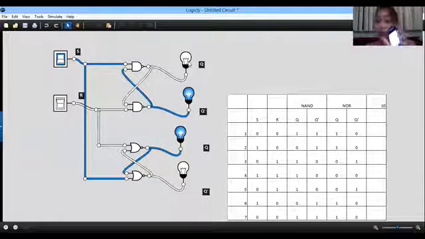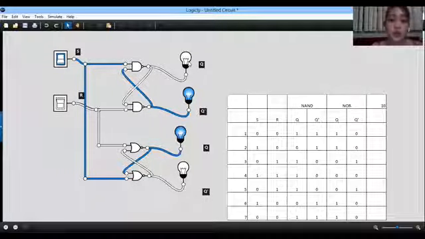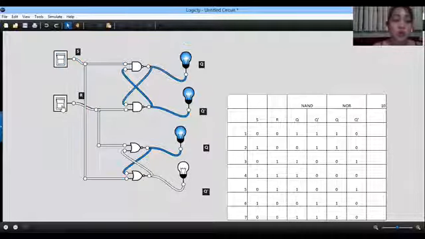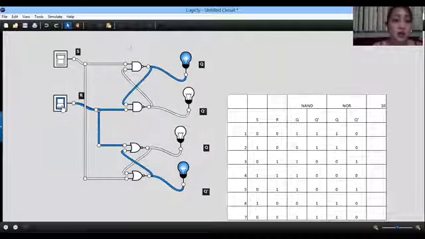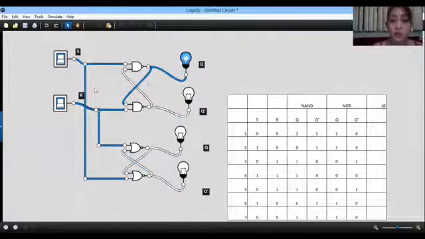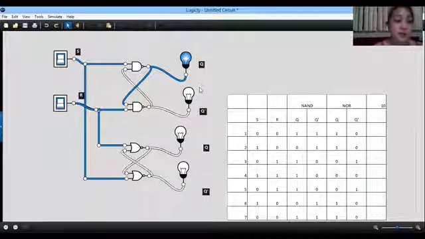Sorry, natingin ako dun sa 0, 1, then the NOR remains 1, 0. When you change it to 0, 1, the NAND will become 1, 0, then the NOR will become 0, 1. When we put 1, 1, the NAND will remain the last state, which is 1, 0, and the NOR latch will turn off.